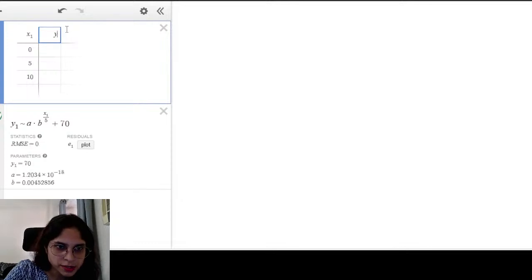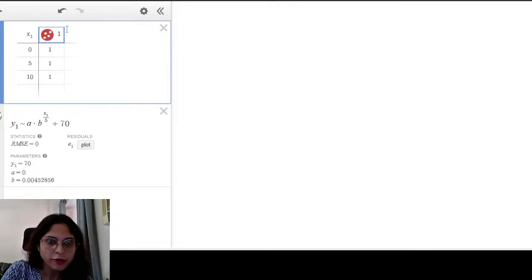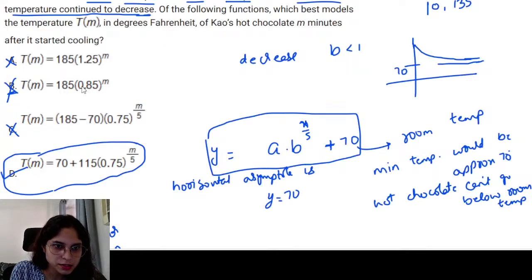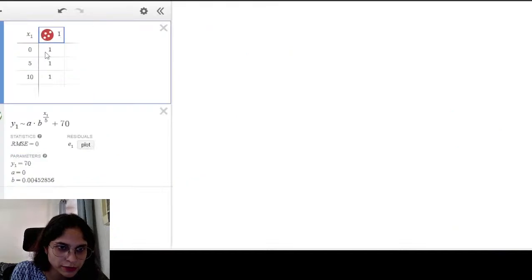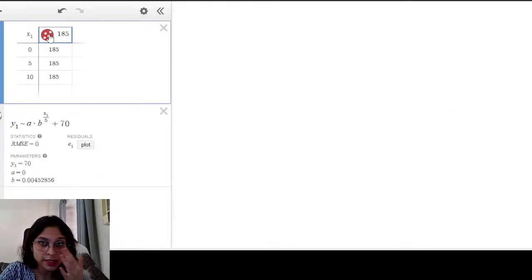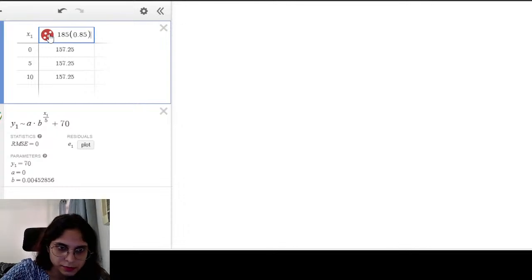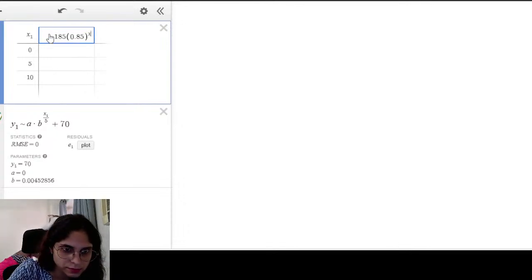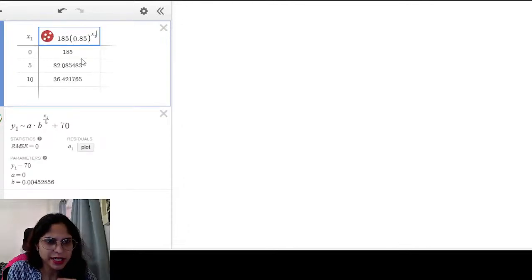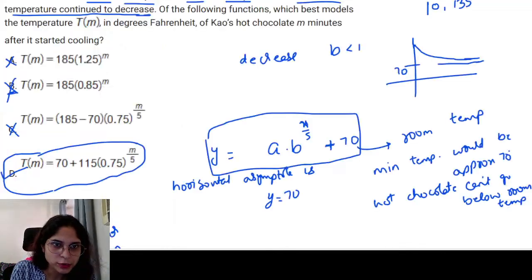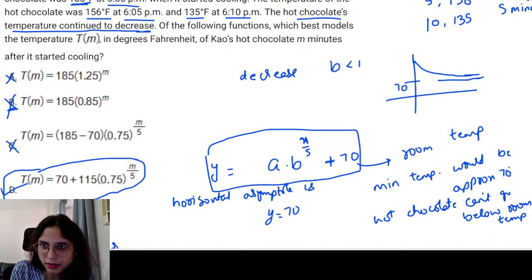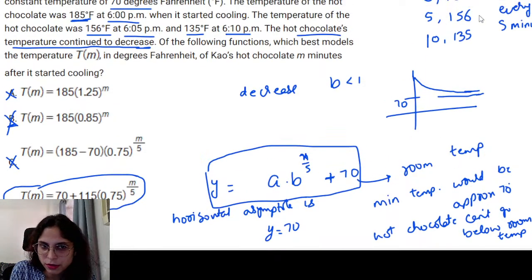So the first one we already cancelled, because this is increasing. Next one is 185 times 0.85 to the power m. And we saw that is not the answer because we had spent time on it. You're getting 185, then at 5 you're getting 82. But at 5 you should be getting 156. So this is cancelled.